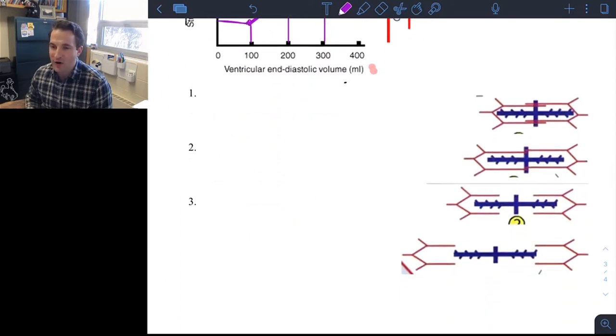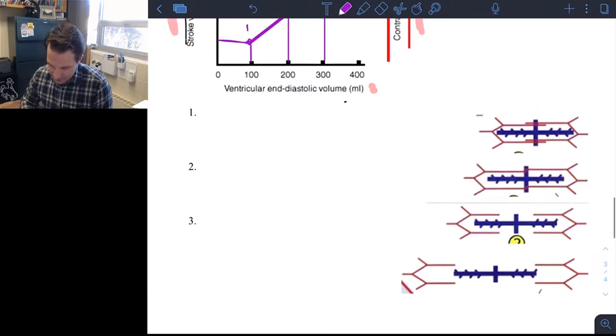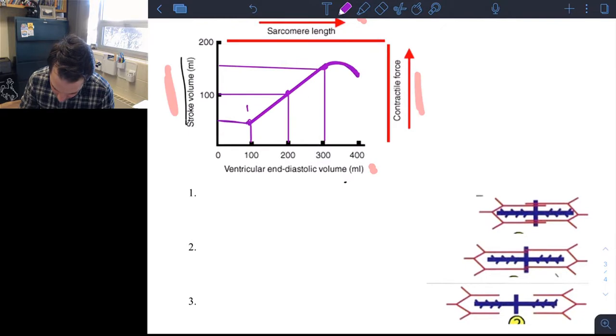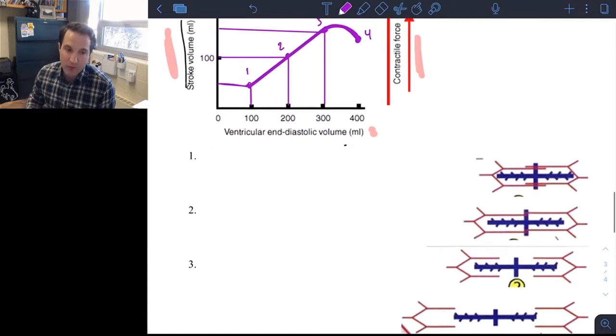Here we have our cardiac sarcomeres, and we're going to look at these different points, and we can number them right here: 1, 2, 3, and 4. So point number 1, if we look at this, here's our myosin right down the middle, and our little lines on the outside, those red lines, those are the actin filaments.